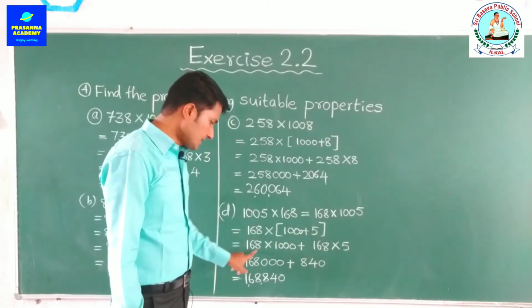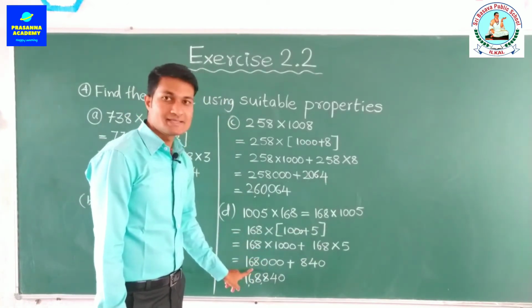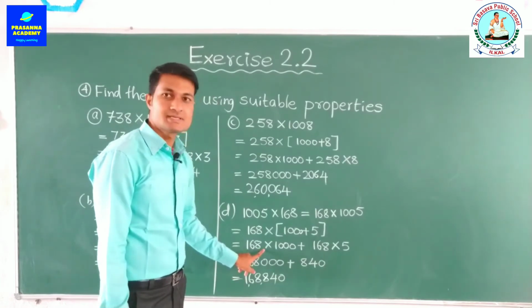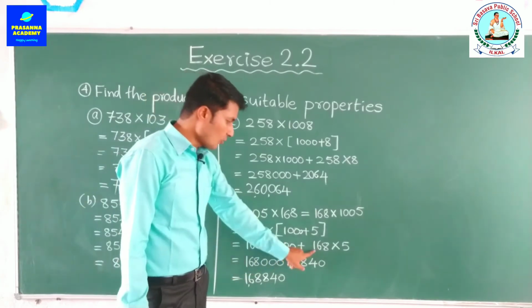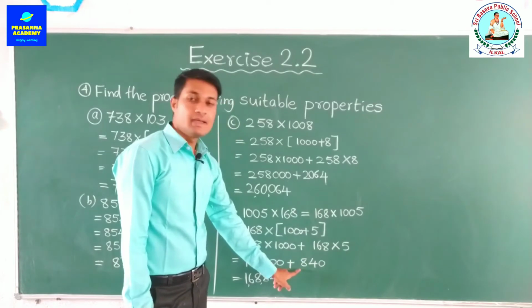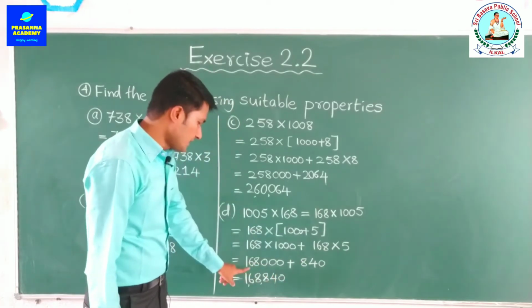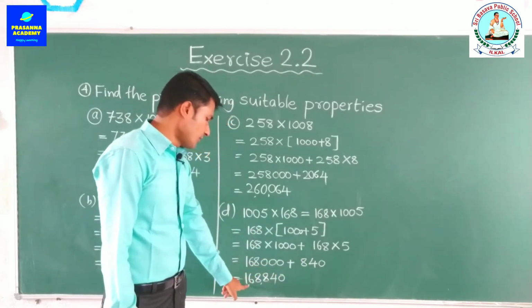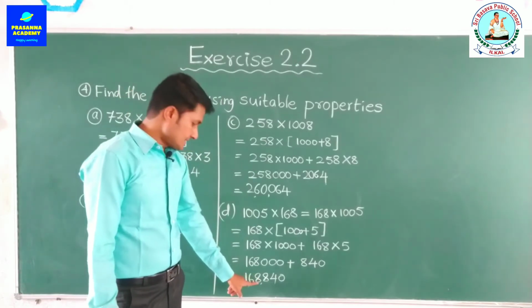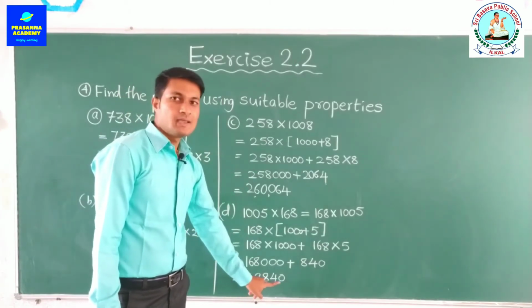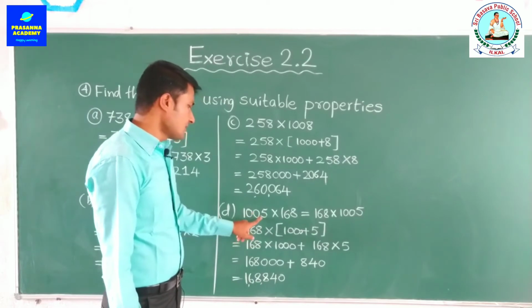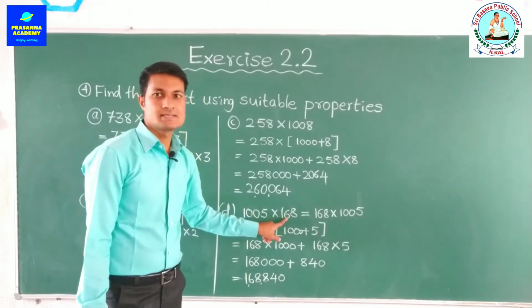Then when you multiply these two, your product is 1,68,000 by using the smart multiplication method. Then here 168 fives will be 840. So finally when you add these two sums, your product will be 1,68,840, and this is the product of 1005 times 168.